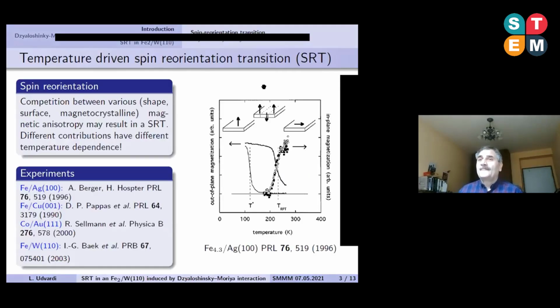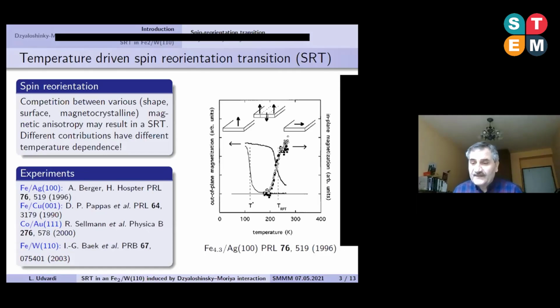The magnetic anisotropy is due to the relativistic effect, mainly the spin-orbit coupling. This determines the orientation of the magnetization in a ferromagnetic system.